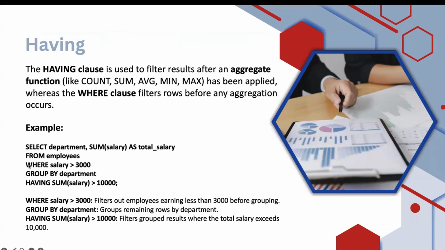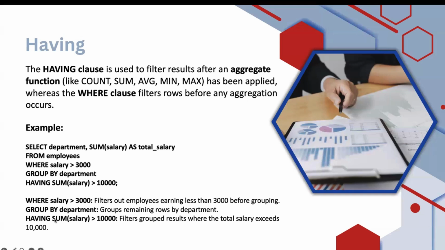There is a where clause here: select department, sum of salary as total salary from employee where the salary is greater than 3,000, grouped by the department. So the where clause is used before the group by statement, and the having clause we use after the group by statement, and this is the aggregate function we are using here. If you want to put any filter on this aggregate function, we use the having clause.